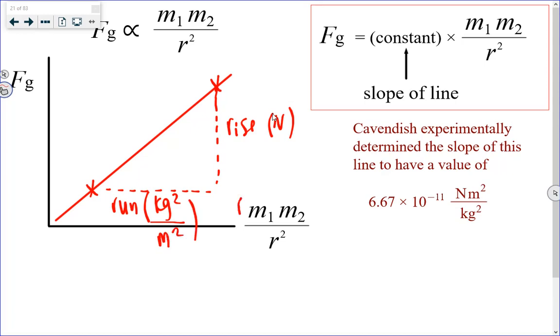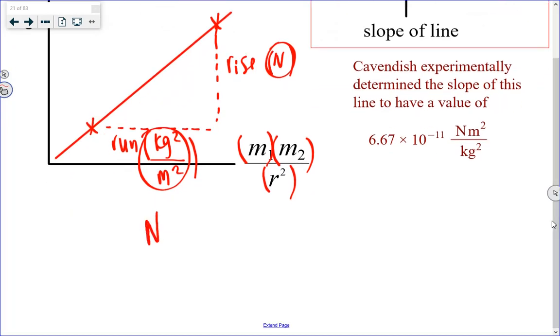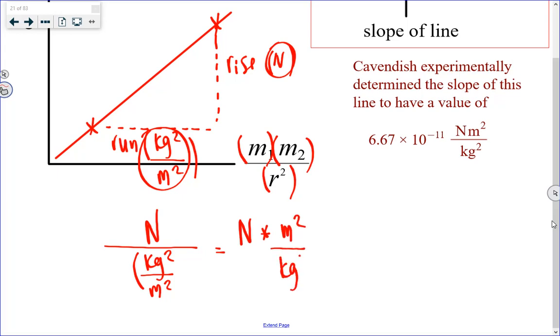Because if you look at what you're plotting, mass times mass over r squared. So when you take the units of newtons divided by this, let's just see what we get. Newtons divided by kilograms squared per meter squared. You learn in probably grade 8 math, maybe even earlier, when you divide by a fraction, you multiply by the reciprocal. And that's why we have this set of units for the slope.